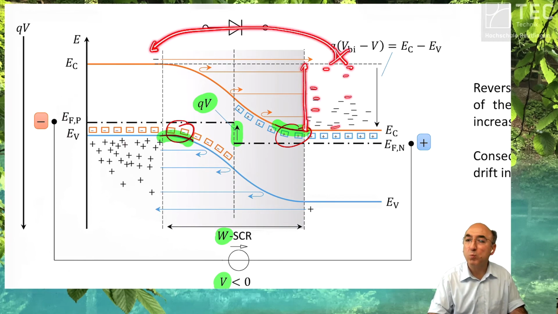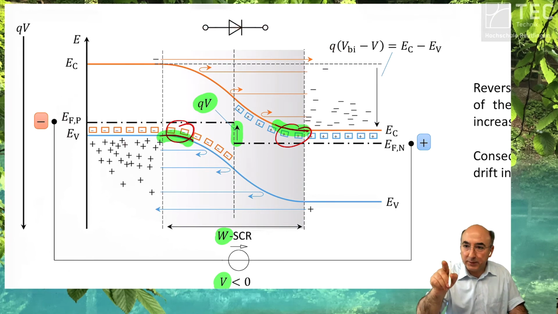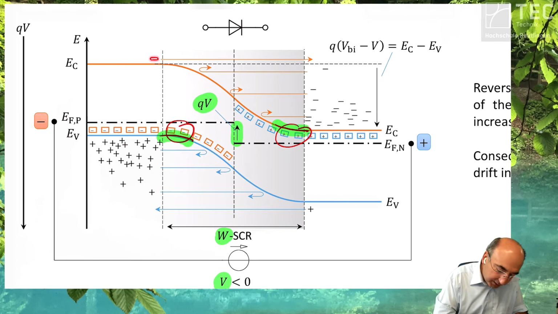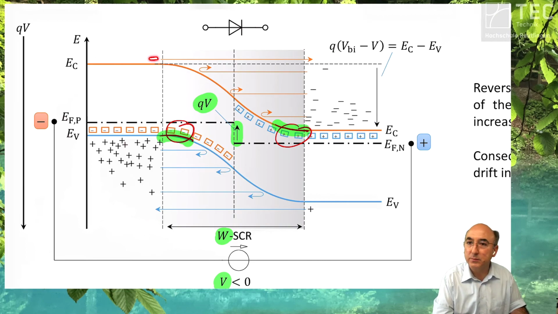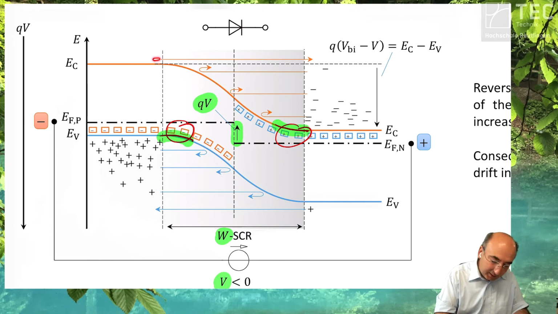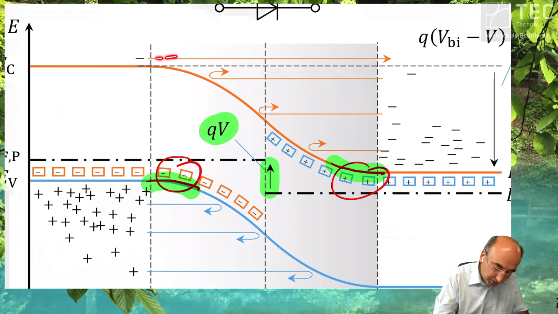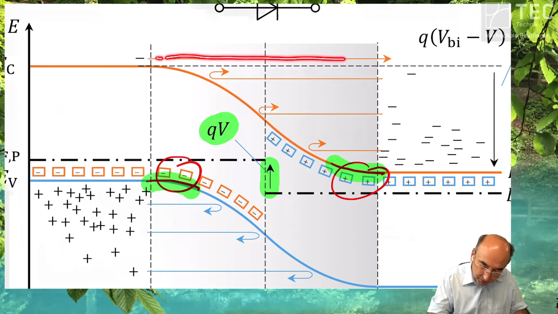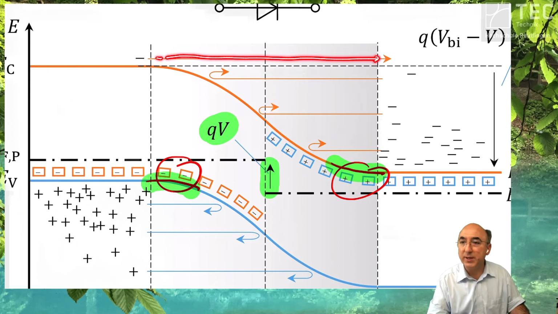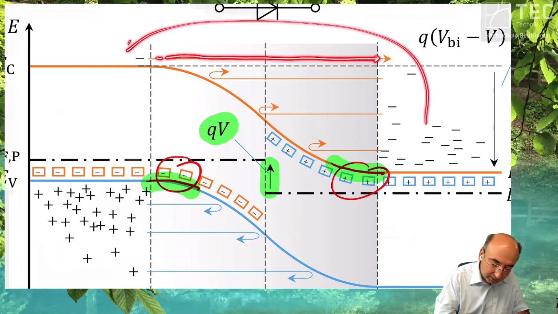No. But the minority carriers we have. That means the minority carriers, if they by occasion enter the space charge region, drift to the other side. But no diffusion back does occur.